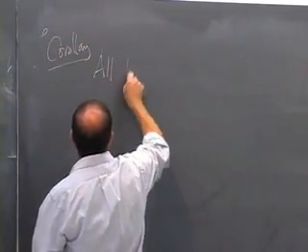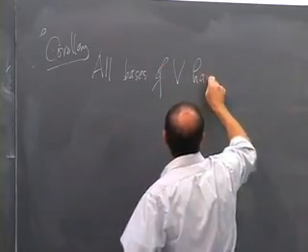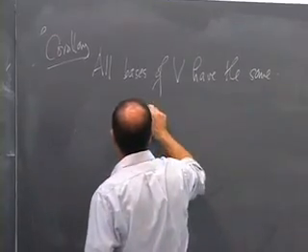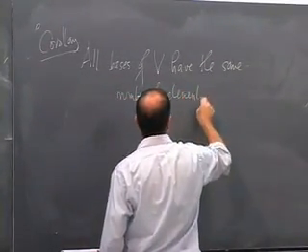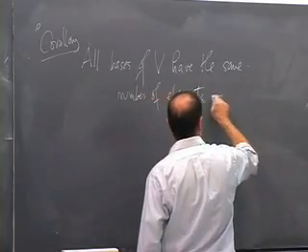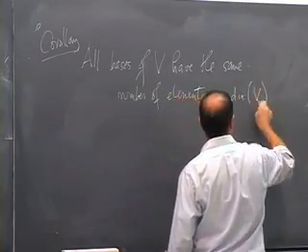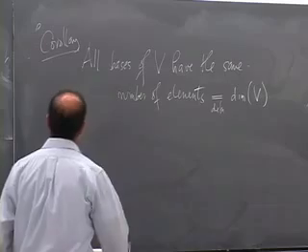All bases of V have the same number of elements. And that number of elements is by definition called the dimension of V. So it's an integer that is the number of elements in a basis. That's the first statement.